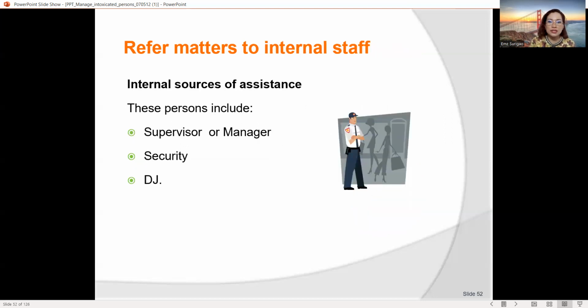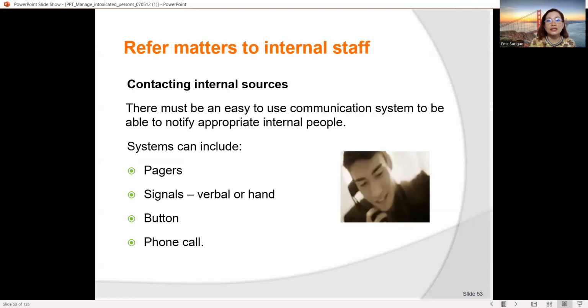Internal sources of assistance include the supervisor or manager or security or DJ, and a lot of co-workers. Contacting internal sources: there must be an easy-to-use communication system to notify the appropriate internal people, like pagers or signals or a button or phone call. Because in most establishments, especially a bar, sometimes you cannot hear each other.